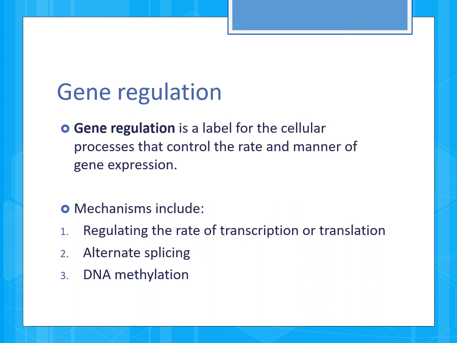Because protein synthesis occurs at various stages, we could control how much protein is produced by influencing transcription. We can influence it by regulating translation. It could be how the introns are spliced out after transcription. It could be modifications to the DNA.